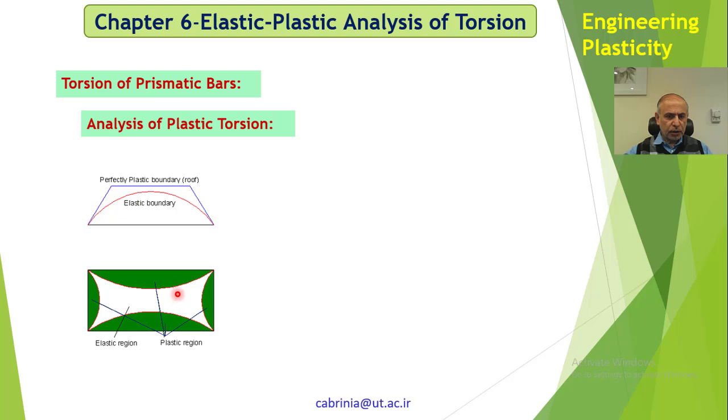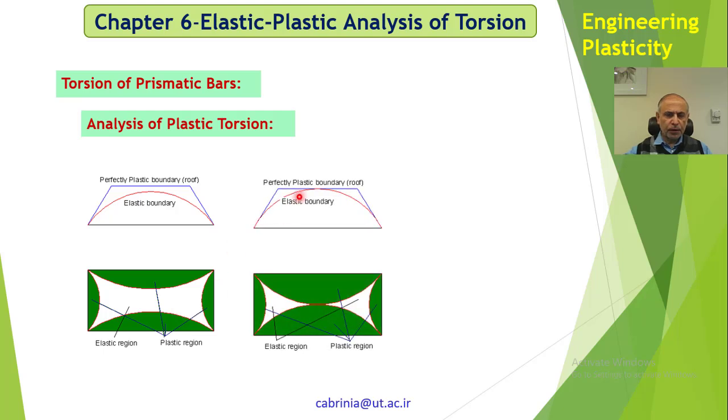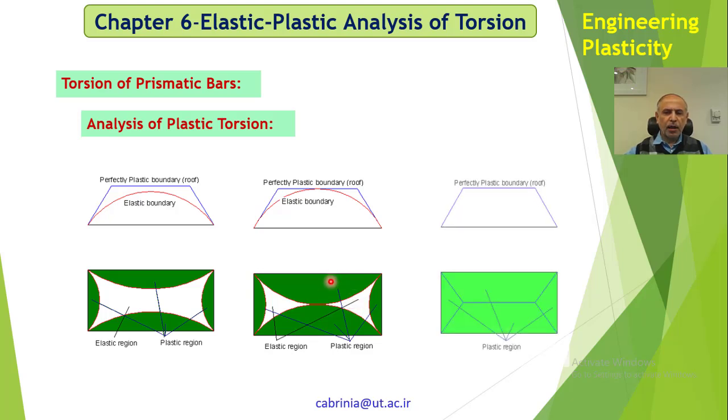You see, this membrane touches the roof now, so only small areas are elastic. These green areas are plastic, and finally we reach a stage where we increase the pressure so much that all the areas become plastic, complete plasticity.